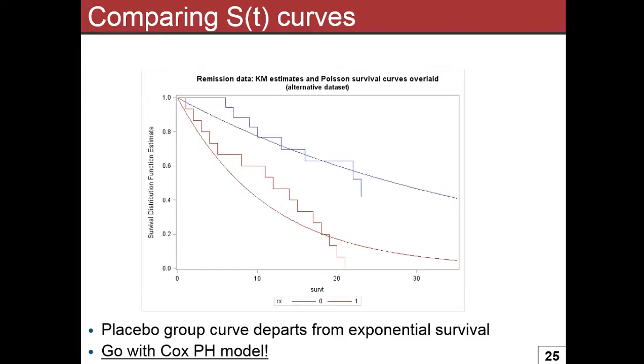This is the constant hazards assumption, that over time, the hazard's the same. It also happens to be that at any given time, the proportional hazards assumption is upheld, right? The ratio of these two things, if this is 4 and this is 2, the hazard ratio is always 2. Right? Constant hazards is backwards compatible to proportional hazards.